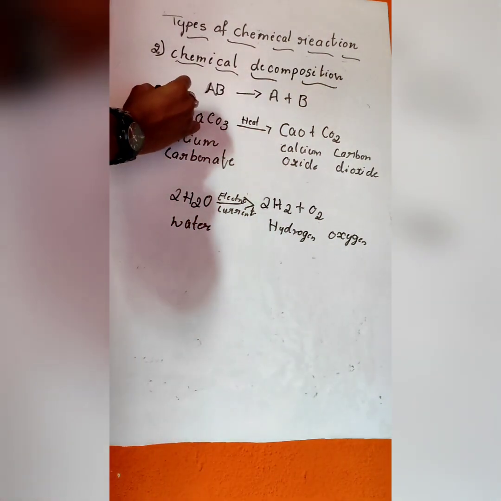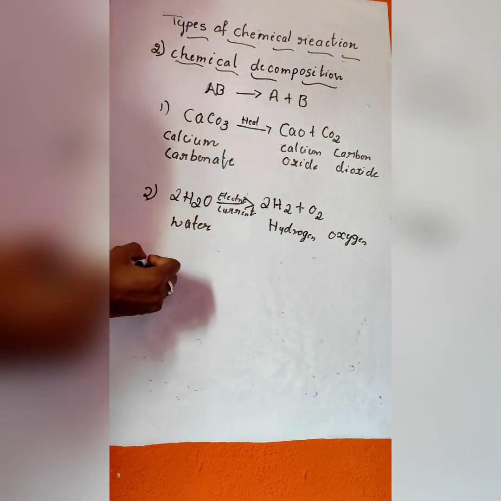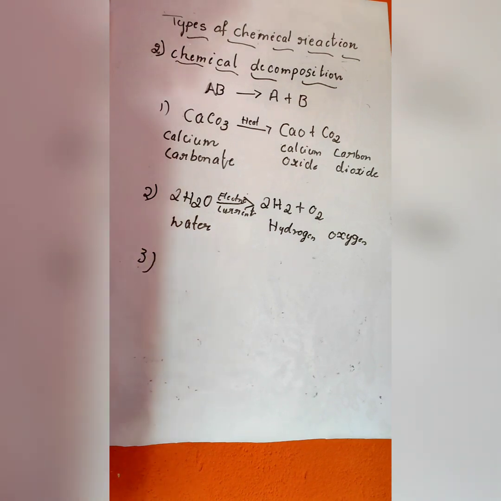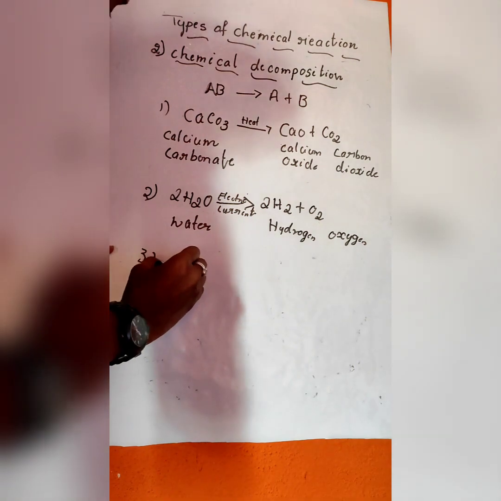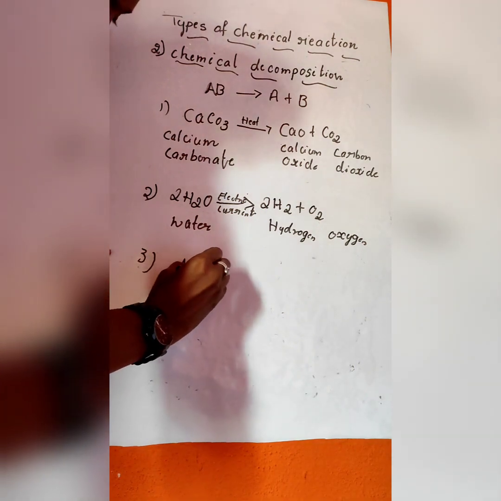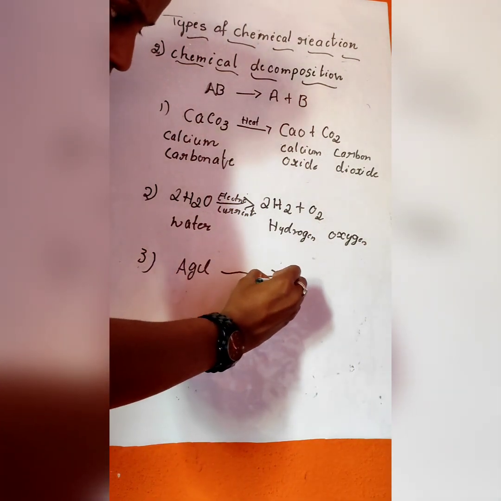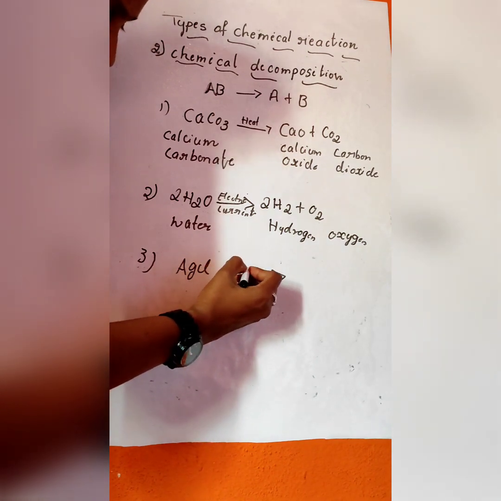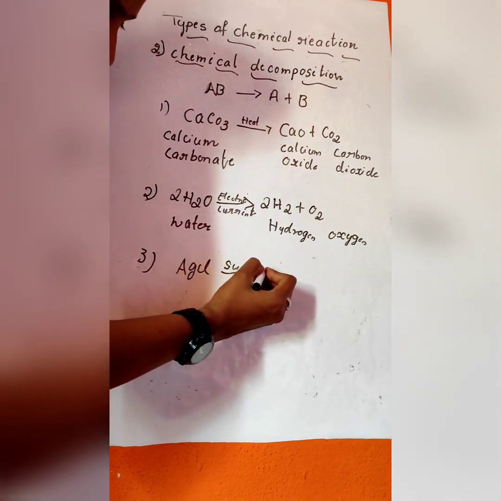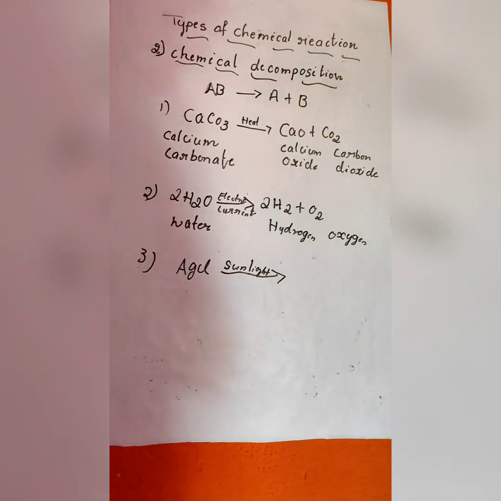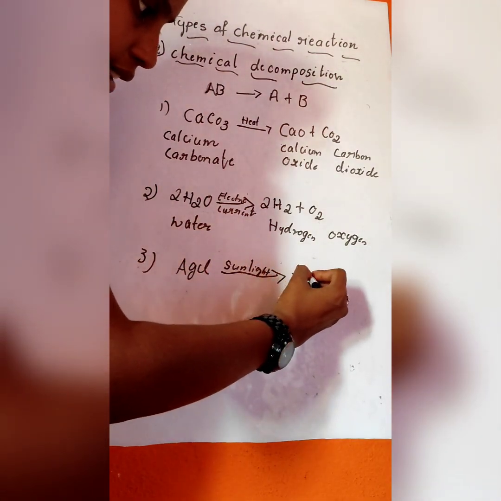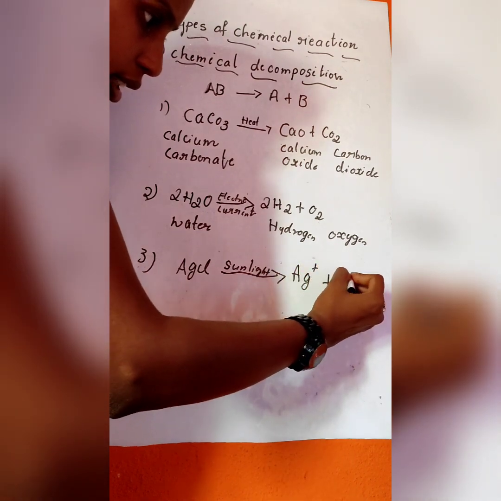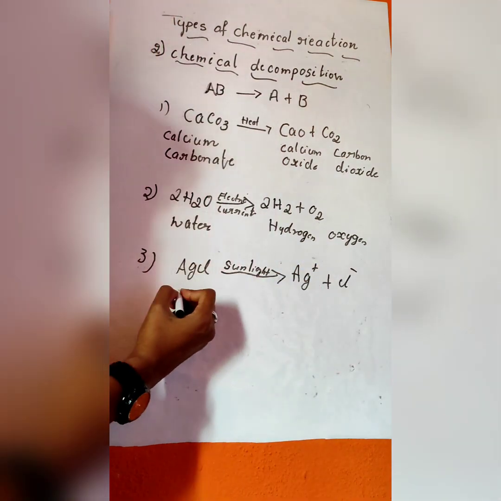Next, the third one is photo decomposition. Example: silver chloride, AgCl. When we keep silver chloride in the presence of sunlight, it will separate into silver plus chlorine, Ag plus Cl minus.